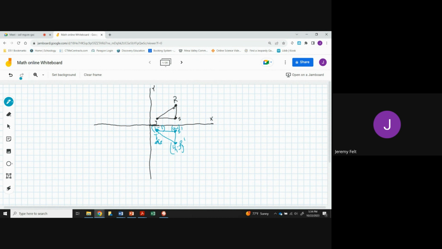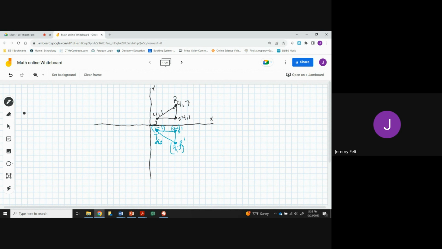So our original R is 4, 3, S was 4, 1, and this was 1, 1. So it went from 1, 1 to 1, negative 1. So the X value didn't change, the Y value changed. It went from 1 to negative 1. 4, 3 became 4, negative 3. The X value didn't change, 3 became negative 3. 4, 1 for S, S prime is 4, negative 1, 4 didn't change, 1 became negative 1.